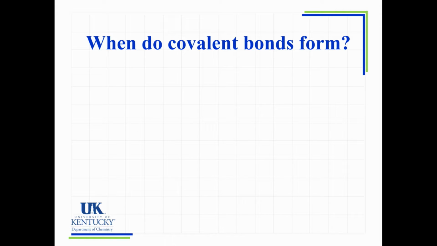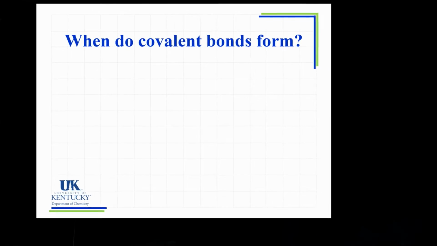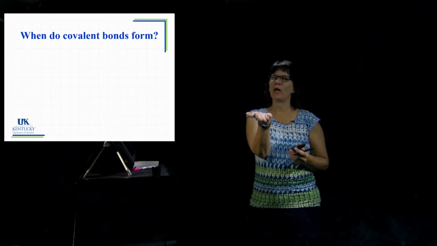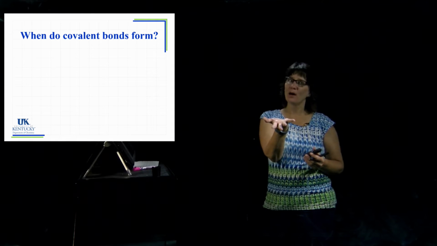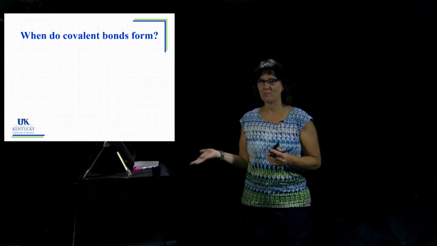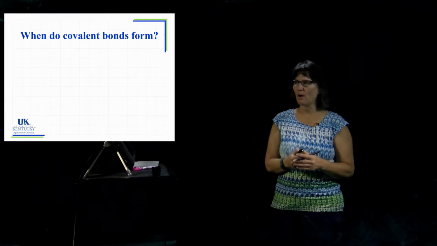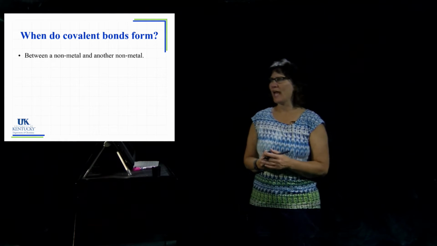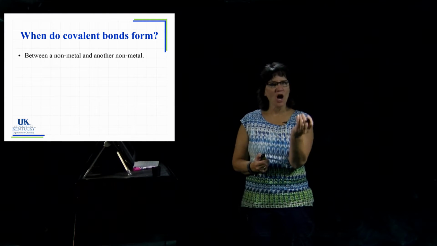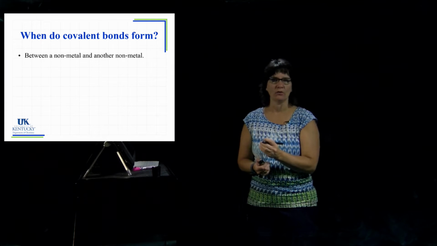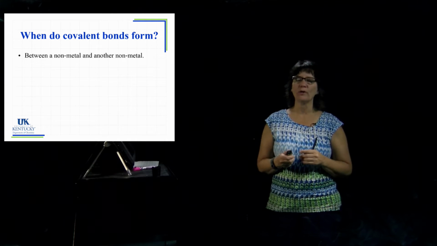Okay, so we need to know exactly when covalent bonds form, so that when we look at a compound, we'll know whether or not it's got covalent bonds in it or the other type that we haven't mentioned yet. So when do covalent bonds occur? You're going to know that they're going to happen when you see a nonmetal connected to a nonmetal. So we know where the nonmetals are on our periodic table.